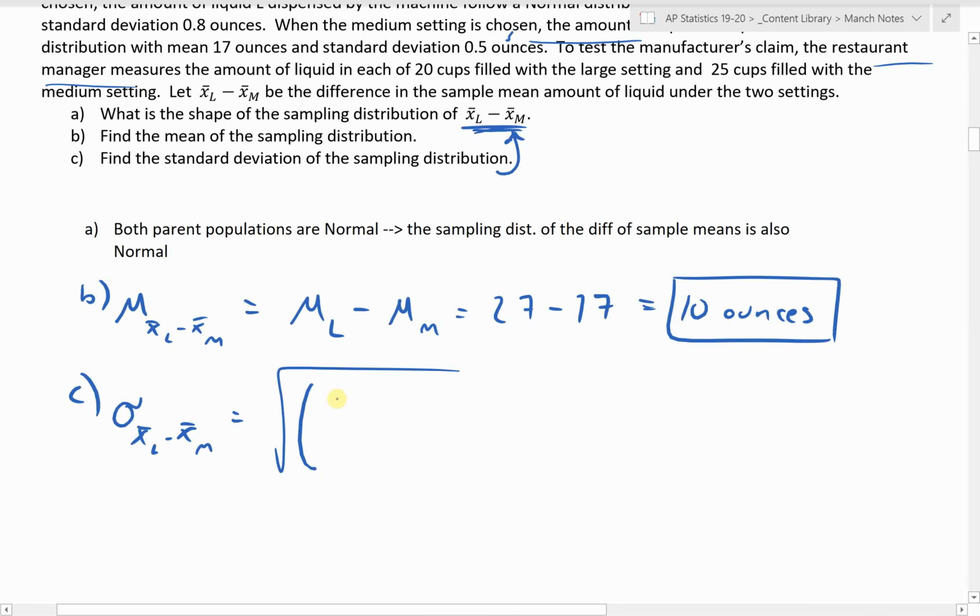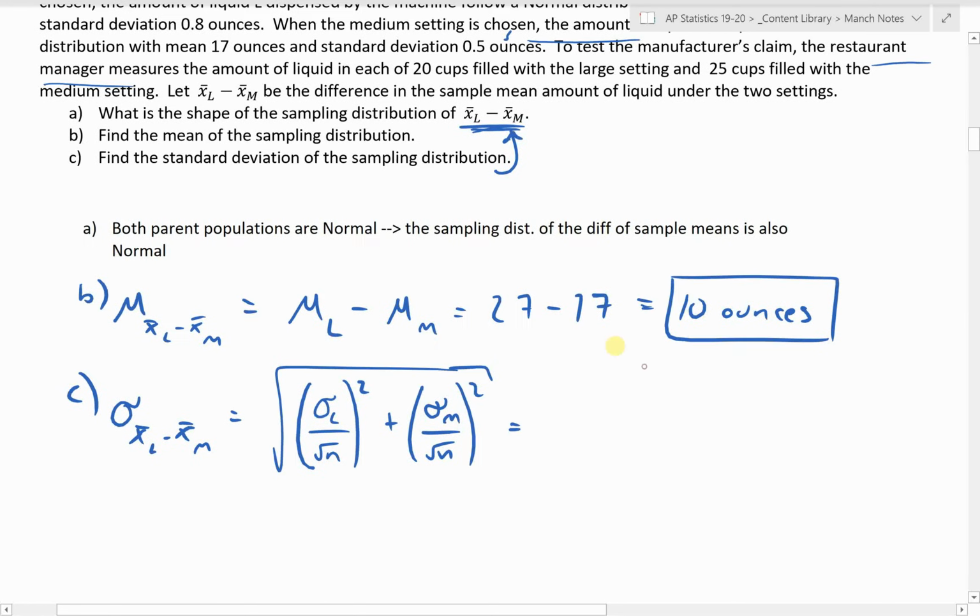So we want the standard deviation of a sample from L, which would be the standard deviation of L divided by square root of n. That's the standard deviation of the samples from L. And then we'd square that to get the variance, and then the same concept for the mediums.